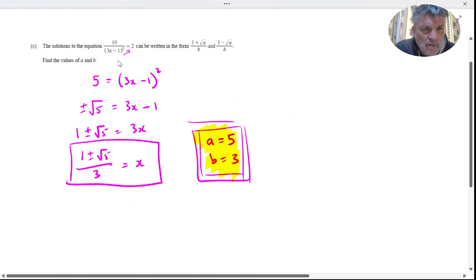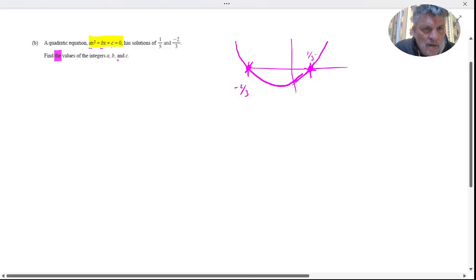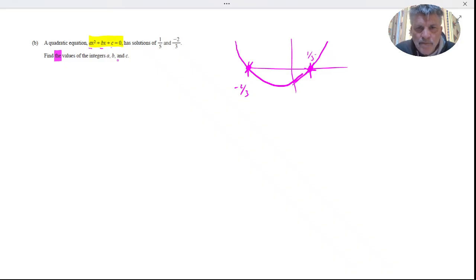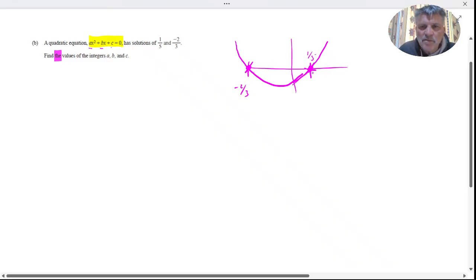This one that we're doing now, we've got effectively 2 equations based on these 2 points, but 3 unknowns.